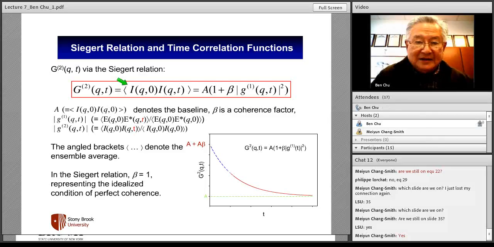But what we want is g1(q,t), because this has to do with the scattered electric field in interaction with the molecules and particles, and we want to know what the electric field time correlation function is. The measurement is here, the information we want is here, and the relationship that we can utilize is the Siegert relation, and that's this equation. There are some details on cases that do not work so simply, but for the present time, let's not worry too much about that.